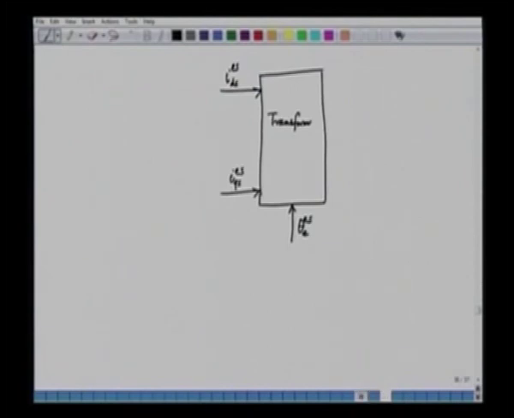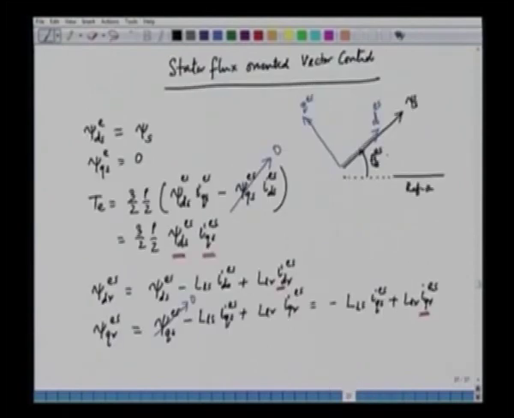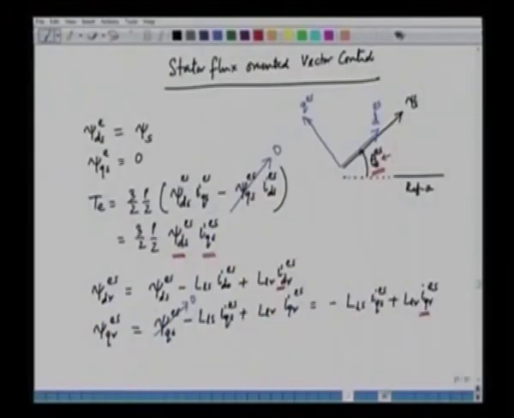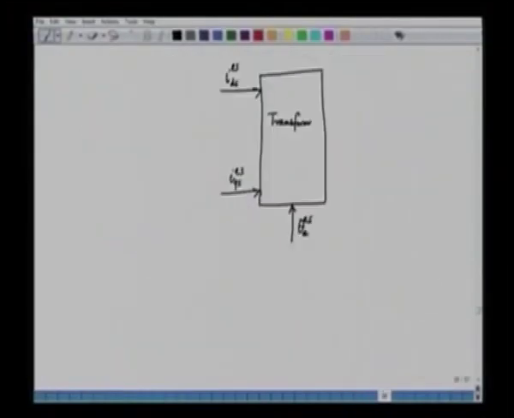This angle is used to transform the variables in the stator flux reference frame into the variables in the stationary ABC reference frame, that is phase A, phase B and phase C. To find this angle theta E, we need the information about the slip speed.